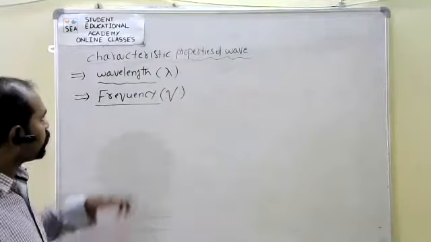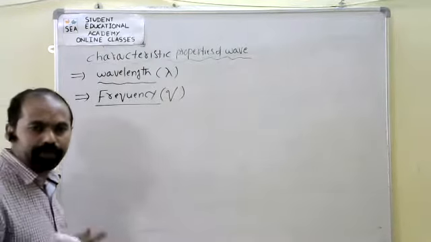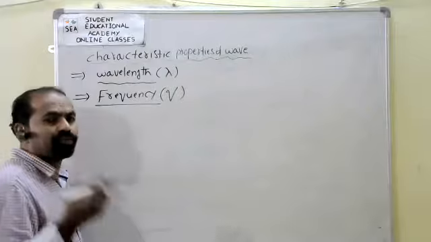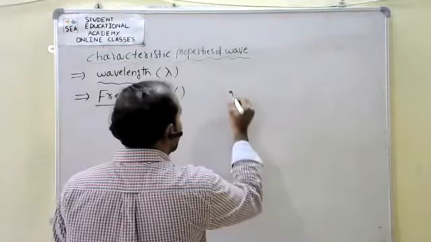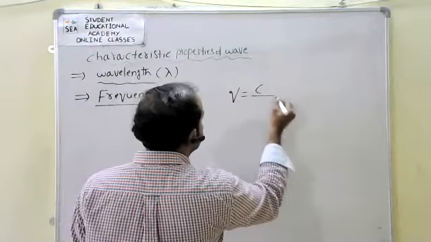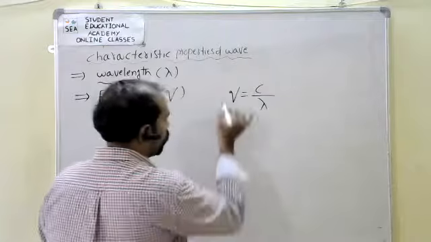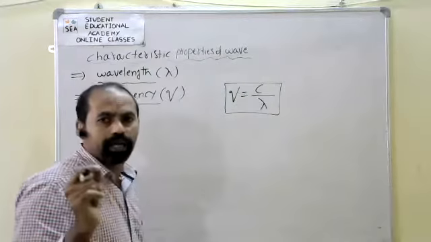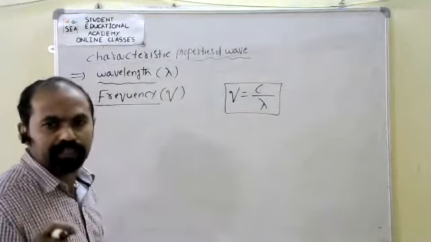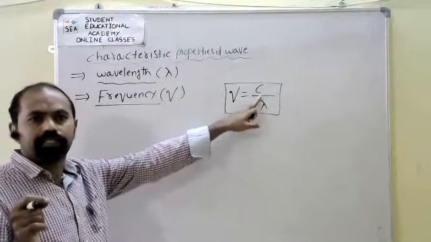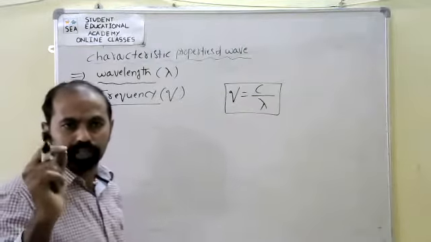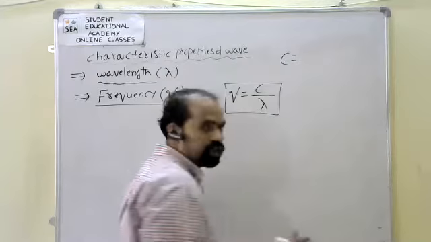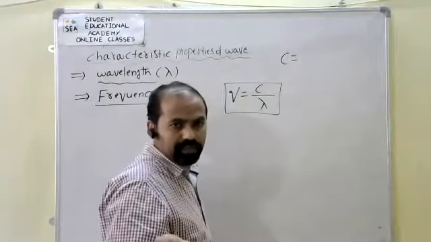At the same time, here I have given the relation between wavelength and frequency: nu equals C by lambda. It is one of the important relations between frequency and wavelength, where C is the velocity of light. What is the velocity of light?